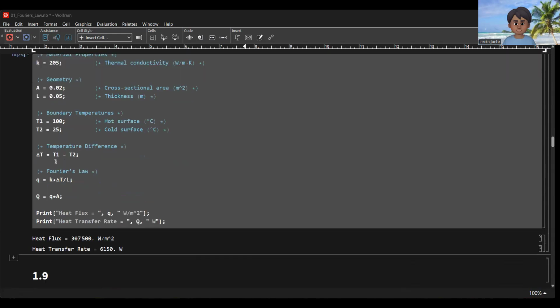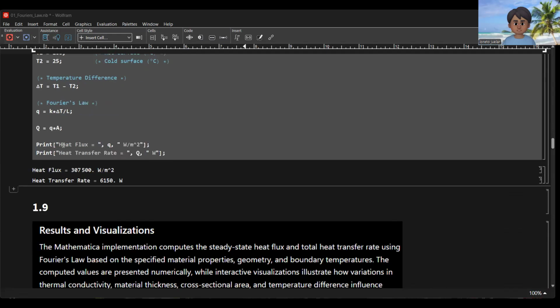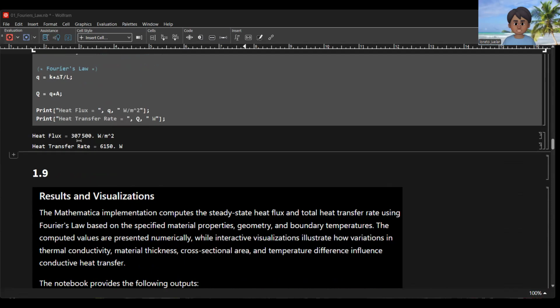Then we have the temperature difference, T sub 1 minus T sub 2, and with Fourier's law, k times delta T over L, we get the heat flux. The heat flux here is 307,500 watts per meter squared, and the heat transfer rate is 6,150 watts.